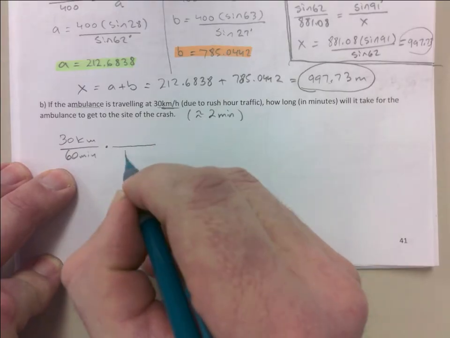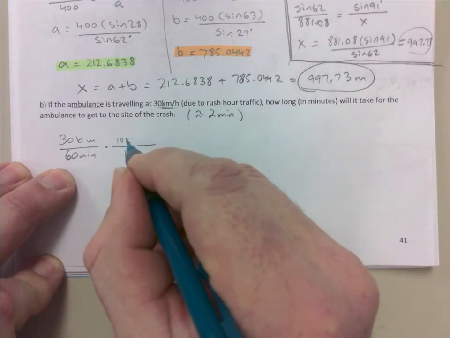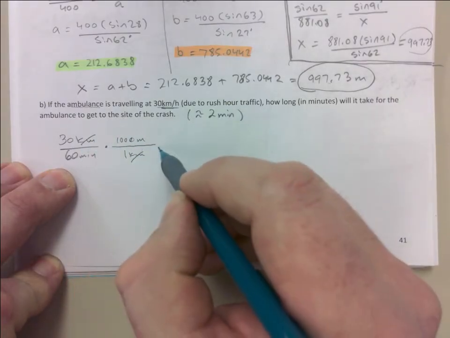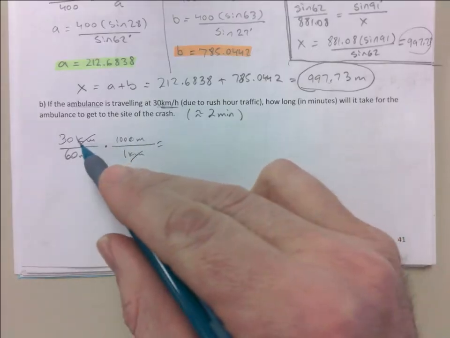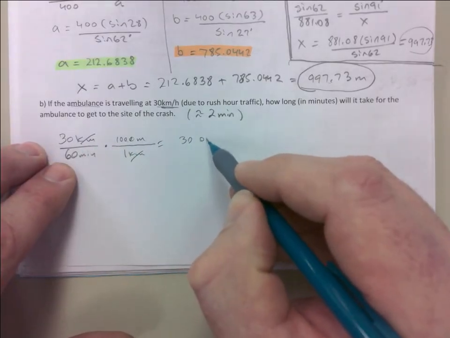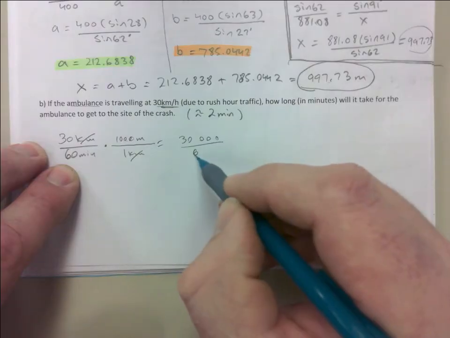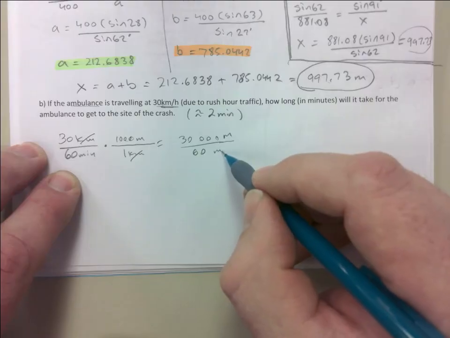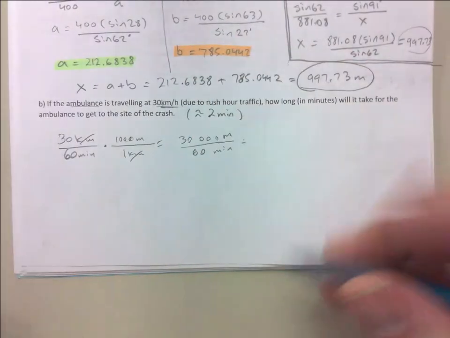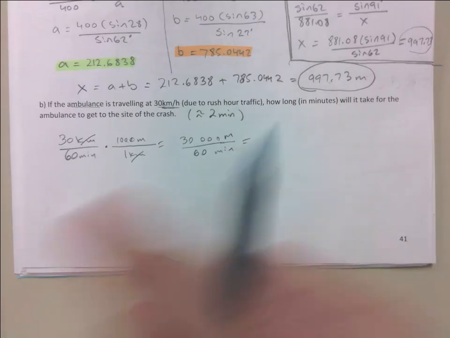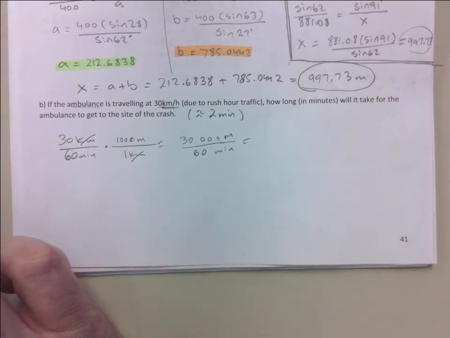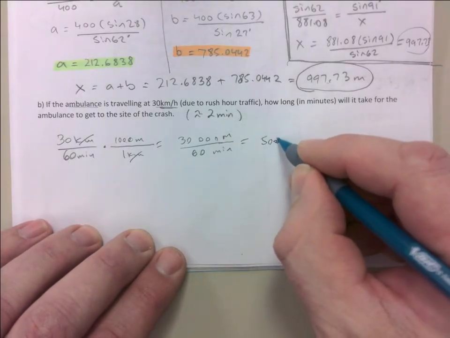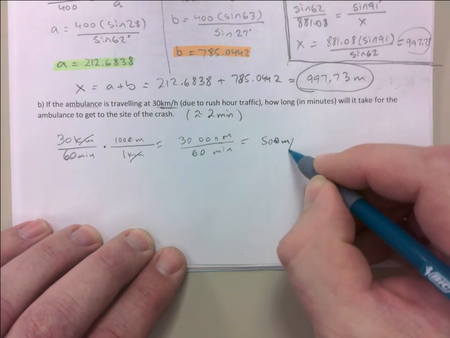I know that 1 kilometer has 1,000 meters. So you cancel the kilometers. If you multiply, this is 30 followed by 3 zeros divided by 60. You're down to meters per minute. Okay. 30,000 divided by 60. That's 500 meters per minute.